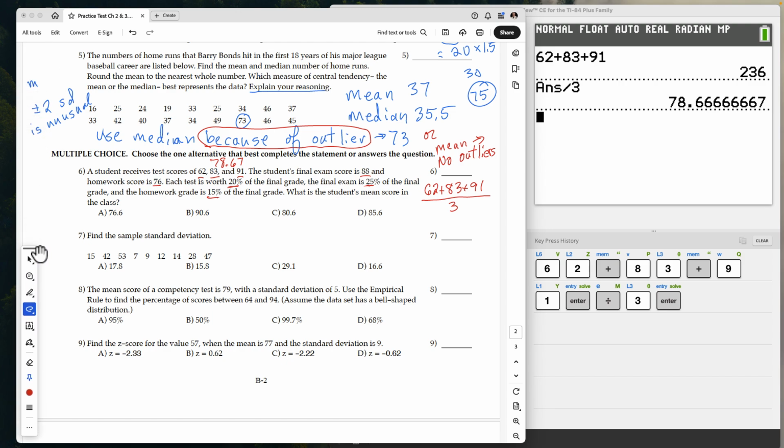Move it out of the way. Okay, so we're going to take the, I'm going to take the 78 on here. It's not working right. Draw. There we go.